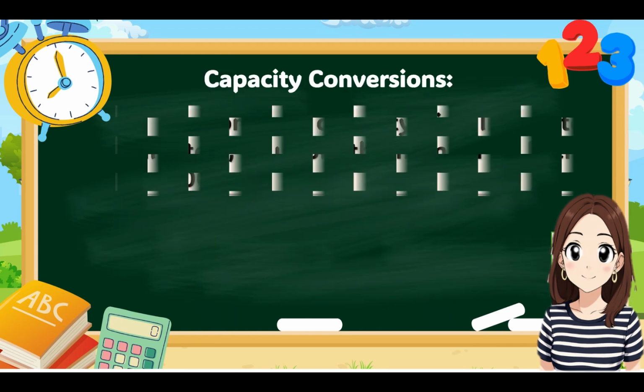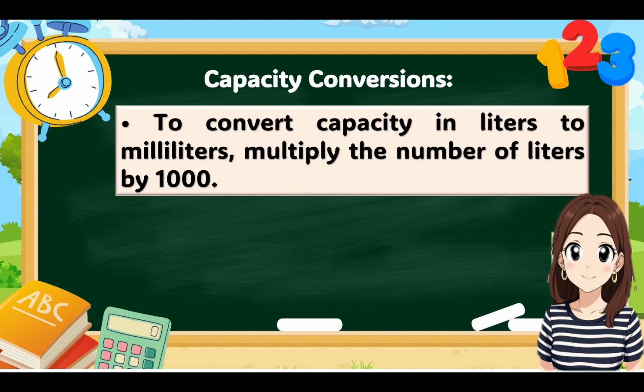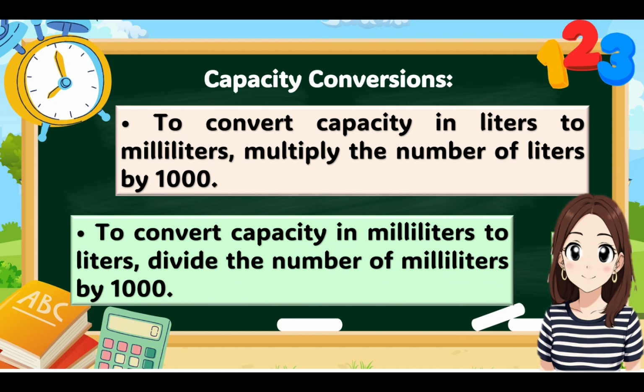Capacity conversions. To convert capacity in liters to milliliters, multiply the number of liters by 1,000. Again, that is converting liter to milliliters. We have to multiply it by 1,000. To convert capacity in milliliters to liters, divide the number of milliliters by 1,000.